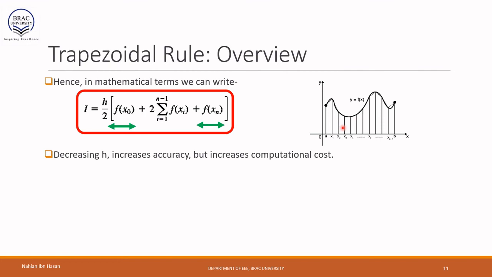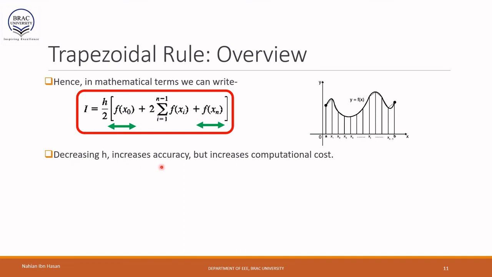As we decrease the size of h, each segment will have smaller widths and we get a better approximation of the area under the curve. So we will have lots of smaller segments whenever we decrease the value of h.